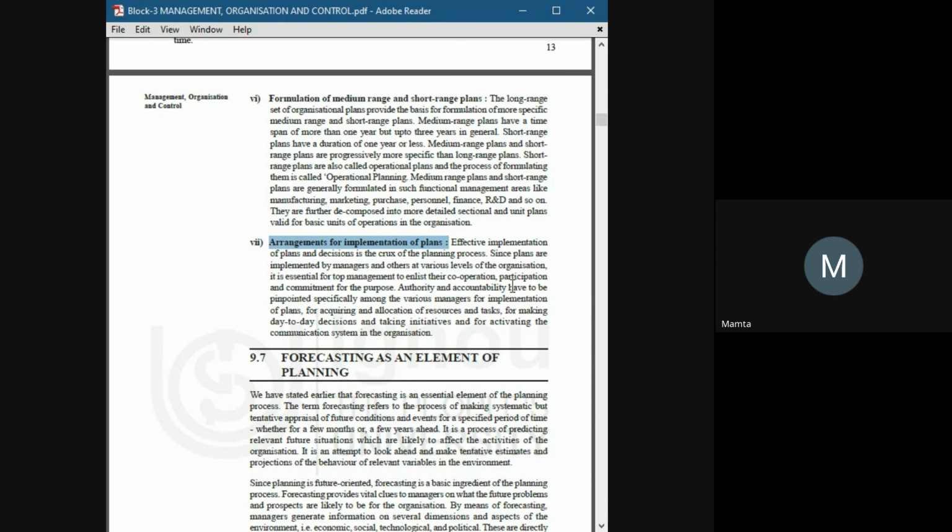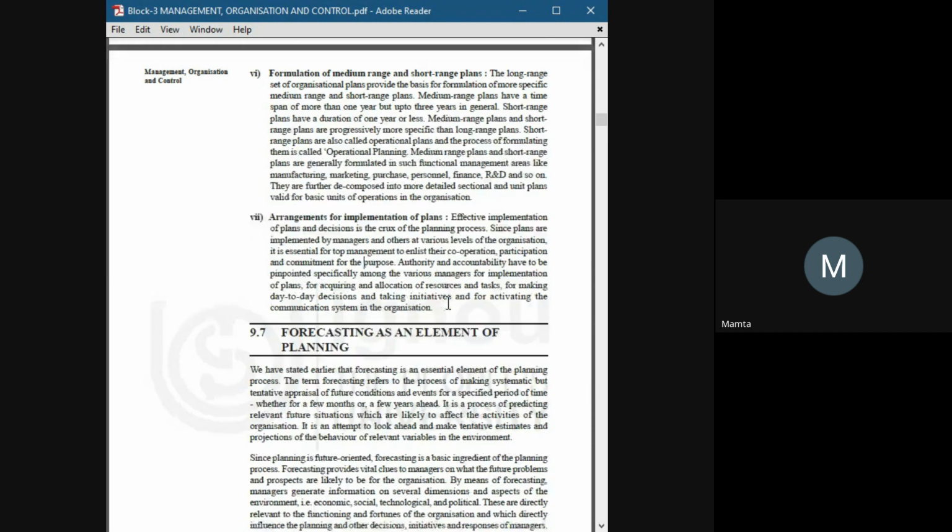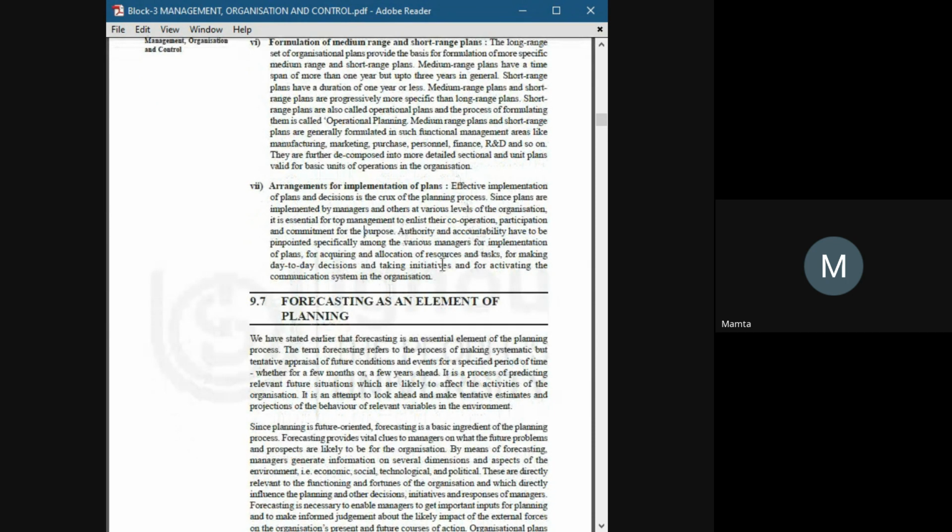Authority and accountability have to be pinpointed specifically. Whose authority is going to be for what activity in our organization, and whose accountability will be there for every specific activity or task in our organization. So it will be created here.